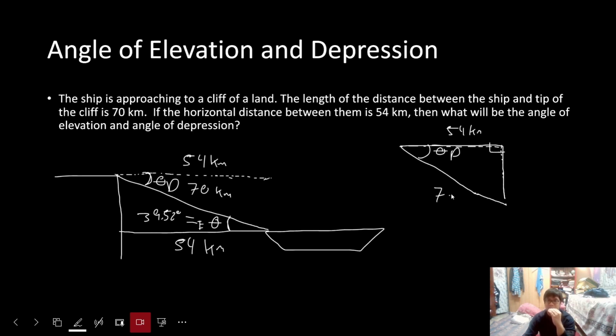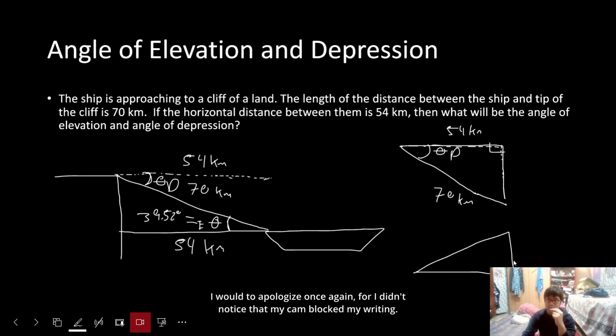So we have 70 kilometers. Now let's find this one. If you're ever having a hard time, just flip it. I just flip this one vertically. So this would be the result if you flip it vertically. You have 54 kilometers, then we have 70 kilometers, then theta d. What trigonometric ratio are we going to use?